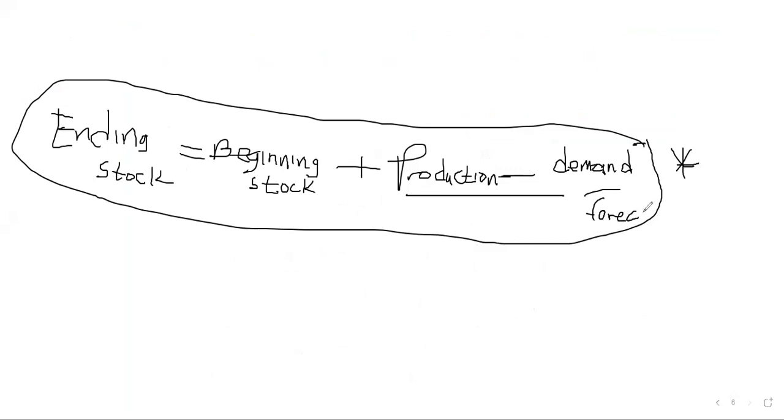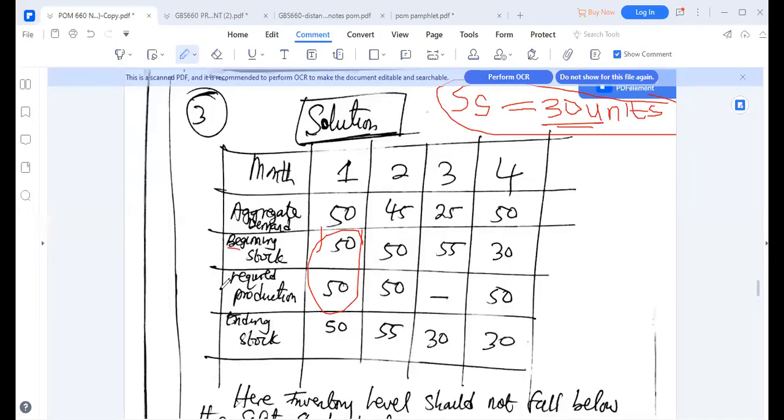So this is what we have for this given problem. Beginning plus production minus the demand, which is 50 here. The ending stock for a period is the beginning stock for the next period.